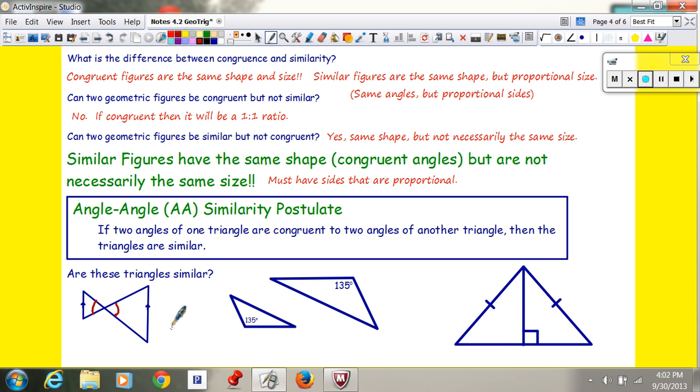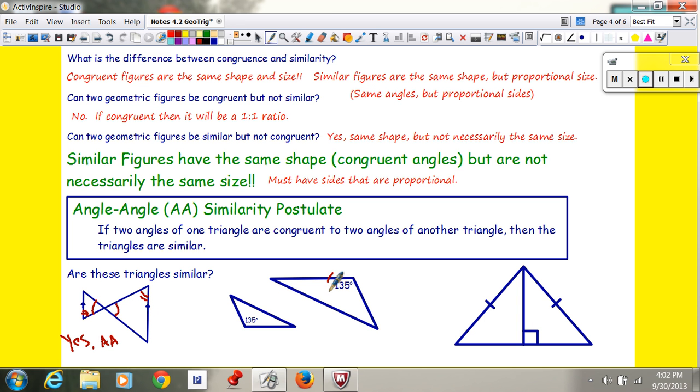Now when lines are parallel, that gives us alternate interior angles. So already you could say yes, it's the AA postulate because you've got two angles here and two angles there that are congruent. So you already found two angles. And the third ones would also be congruent because they're alternate interior as well. So that would definitely be yes.